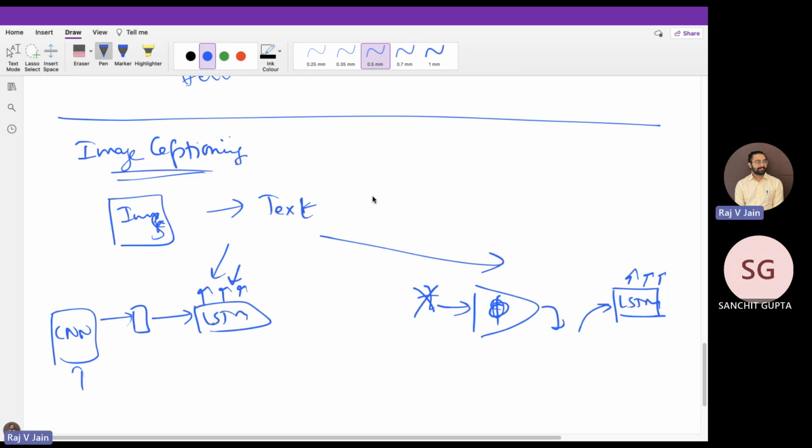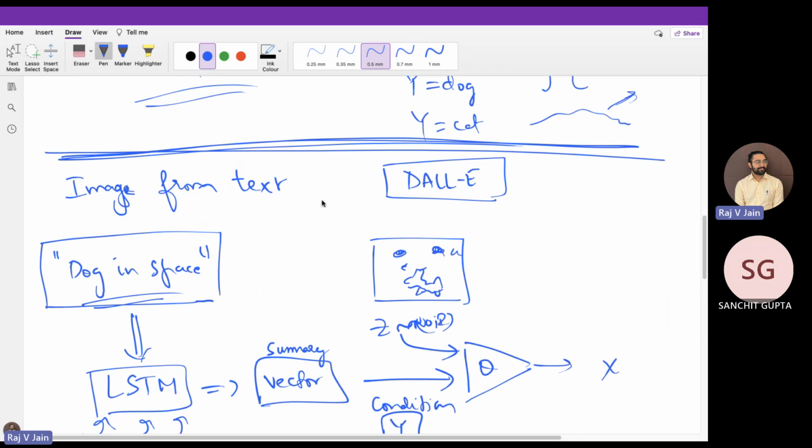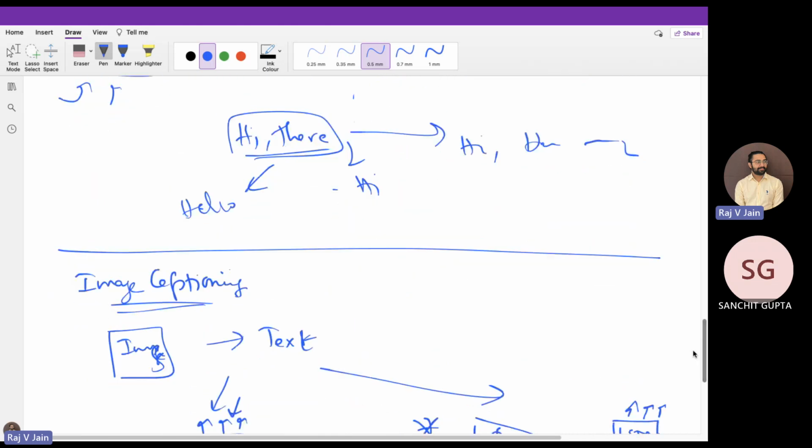So image captioning is comparatively a simple problem to solve, whereas generating an image from a text is like an artist: many possibilities exist, and the way you want to interpret the text completely changes. That's the history of where it comes from.